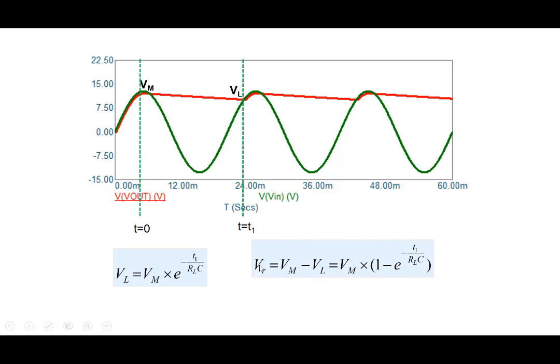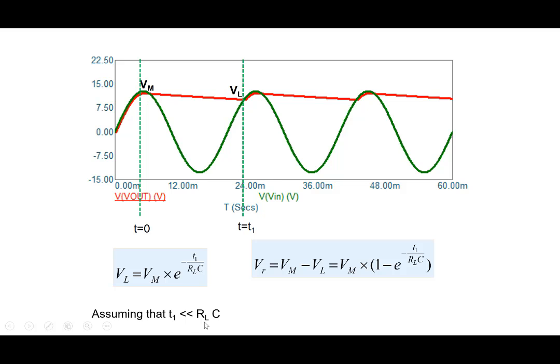Now using the definition of ripple voltage, Vm minus VL, we can write VR equal to Vm times 1 minus e to the power minus T1 by RLC. Normally the design is done in such a way that the time constant RLC is very, very large compared to this time period here, because we don't want the capacitor to discharge in a significant manner.